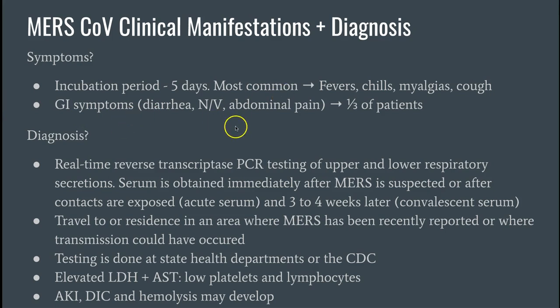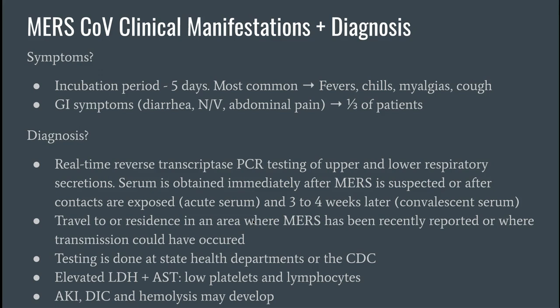So this is just a review again. MERS, the most common symptoms are fevers, chills, myalgias, and cough. A third of patients will also have GI symptoms. Because MERS is still around, you can have probably a couple of cases a year, you would suspect this in a patient who was traveling to or resided in an area where MERS was recently reported or where transmission could have occurred, aka Saudi Arabia.